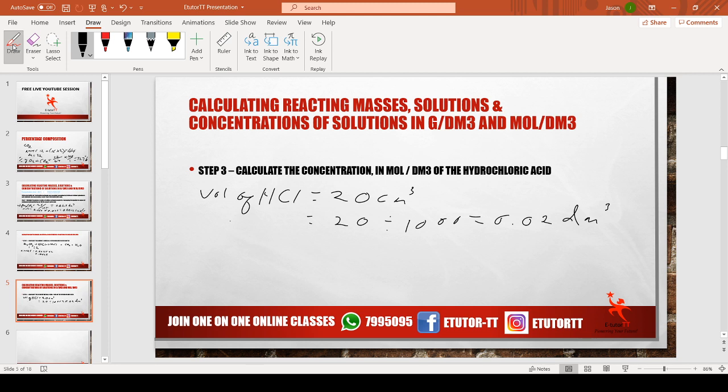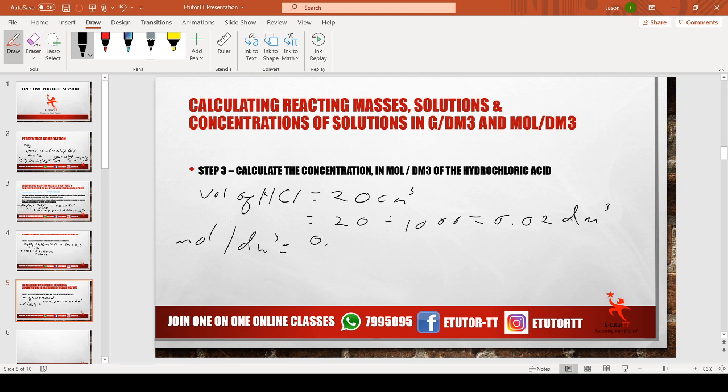Now that we have the volume in dm³ and we have the moles, we can work out molar concentration. The formula goes, you're dividing the moles by the volume.